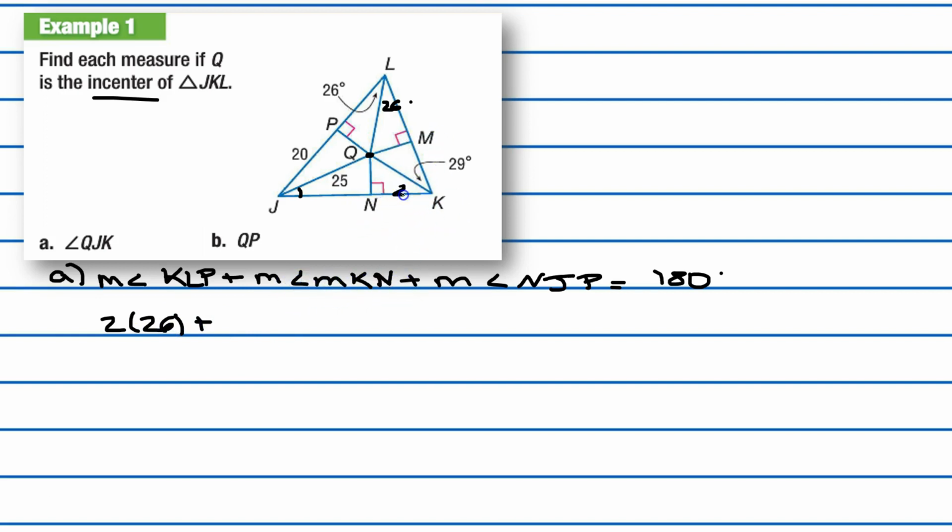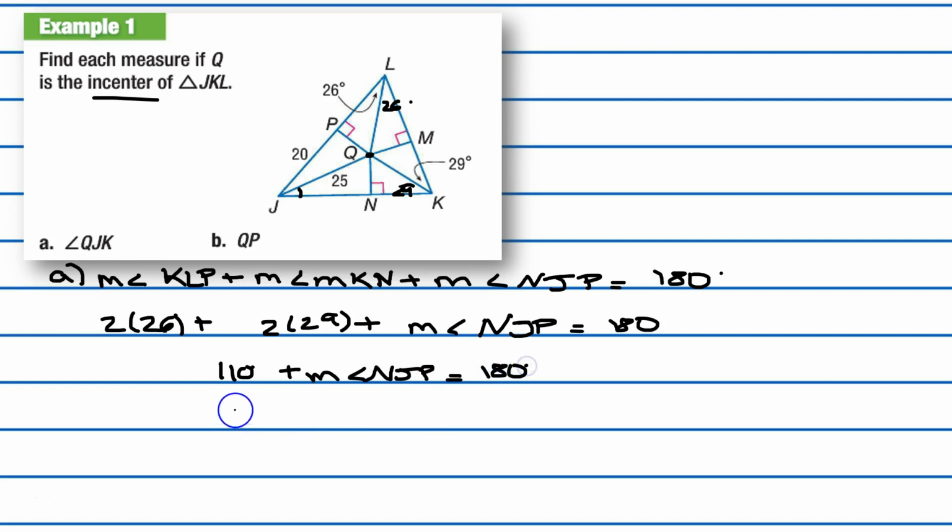I know these are both 29 once again. So 2 times 29 plus, well, I don't know what that is, the measure of angle NJP is equal to 180. When I multiply and then add these, I'm going to get 110 degrees plus the measure of angle NJP, which is equal to 180 degrees.